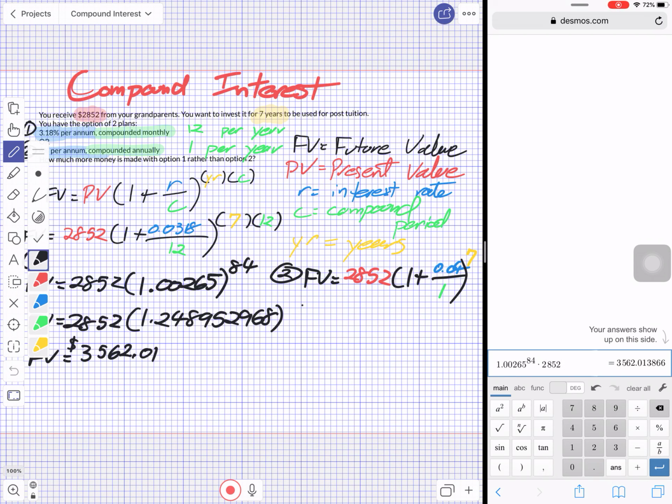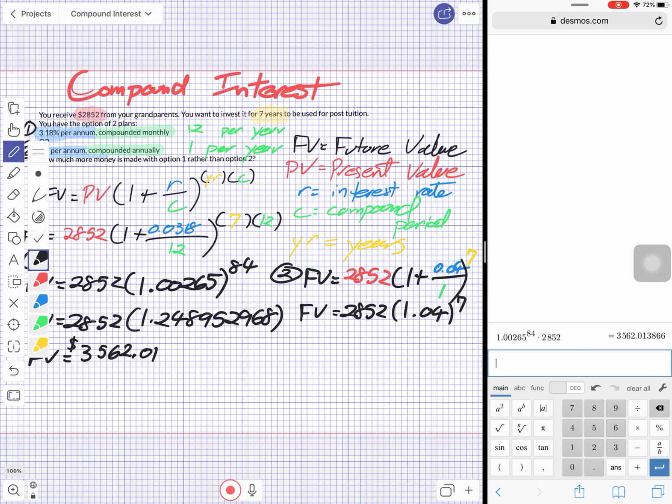So, let's continue. FV is equal to 2,852 times, 0.04 divided by 1 is just 0.04. When I add that to the 1, it becomes 1.04. So I just calculate that inside of the brackets, and that goes to the power of 7. And let's do this in our calculator again. So we'll go to the next line.